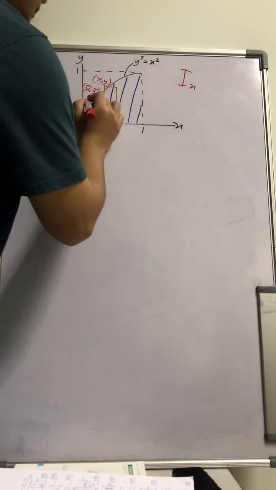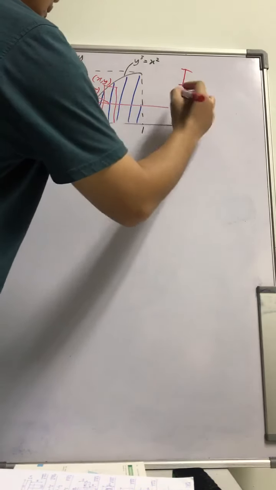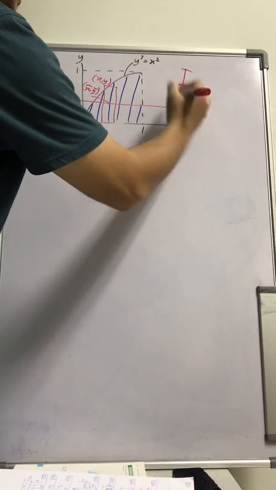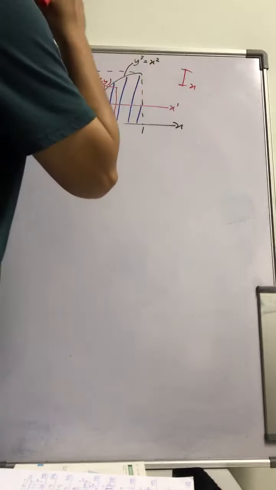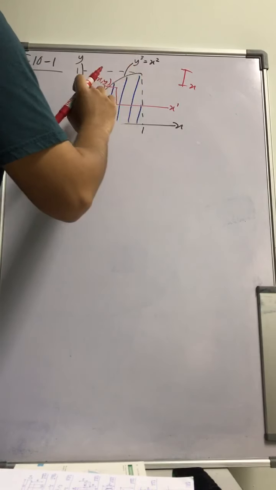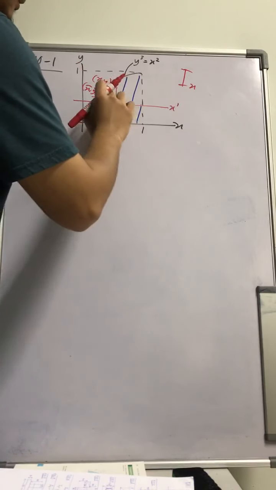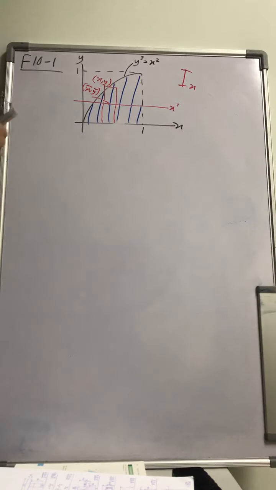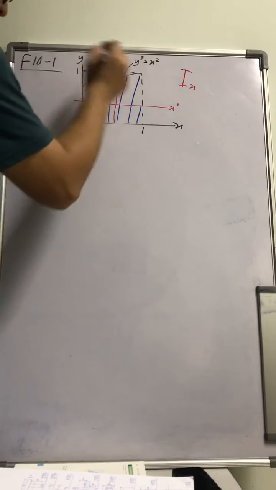Then the centroid here is x tilde and y tilde. For this differential element, this is your neutral axis, the x prime. X prime is the axis through the centroid which is parallel with the general x-axis that you want to find the moment of inertia about.